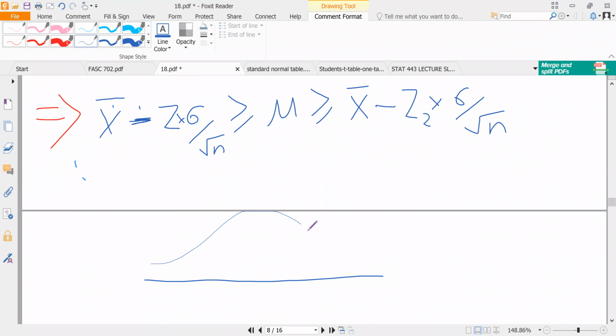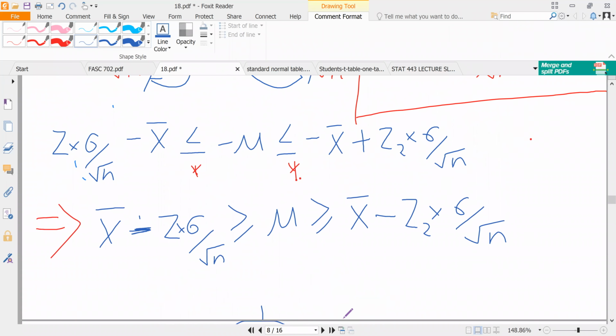There is one point on the lower limit and another point on the upper limit. Since this curve is symmetric about 0, the point on the lower tail is negative. So Z1 is negative and Z2 is positive, because they lie on this curve.